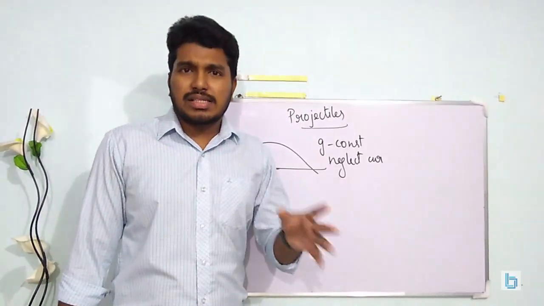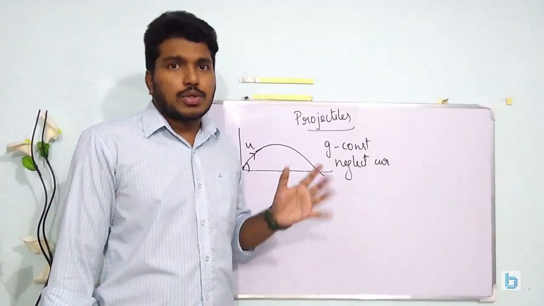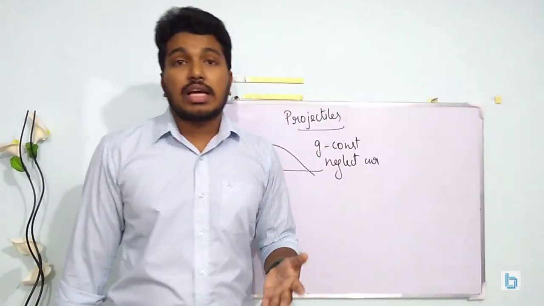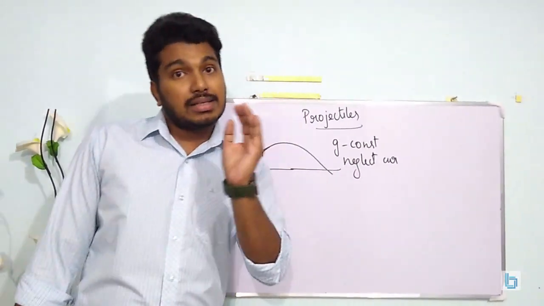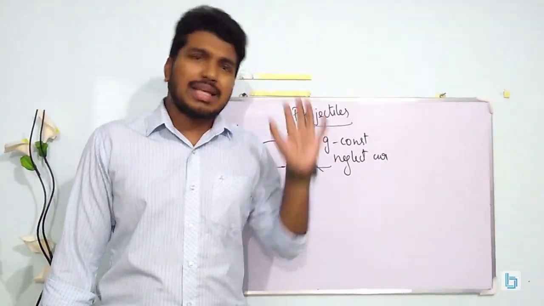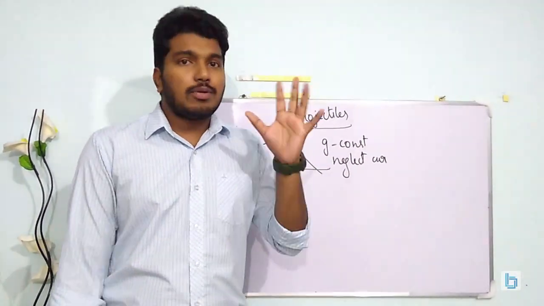Also, air resistance is neglected, which you can remember here. In some questions, specifically at advanced level, air resistance is there, and we will see how to resolve this in subsequent questions.